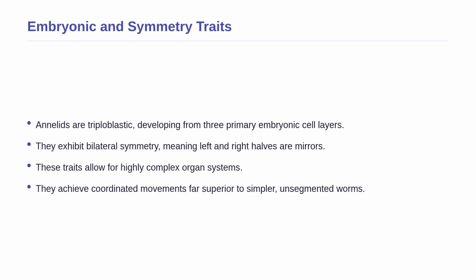If you were to draw a line down the center of an annelid, the left and right halves of their bodies would be mirror images of each other. Why does this matter? These evolutionary advancements are crucial because they allow for much more complex organ systems. Combined with their segmentation, this allows annelids to perform highly coordinated movements compared to simpler, unsegmented worms.